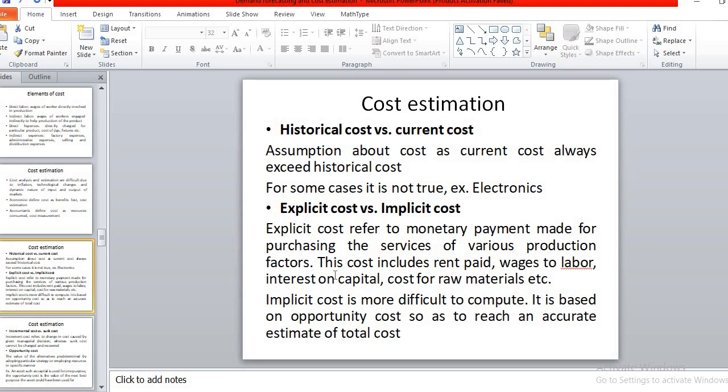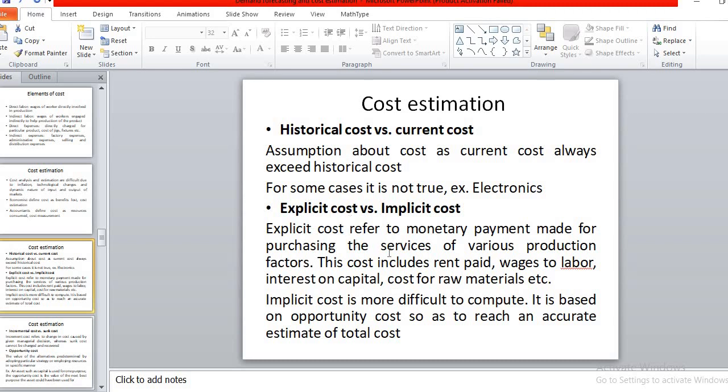Explicit costs are related to rent paid, wages to the laborers, interest on capital, cost of raw materials, etc. These are the costs related to the product, and they are considered in the explicit cost.